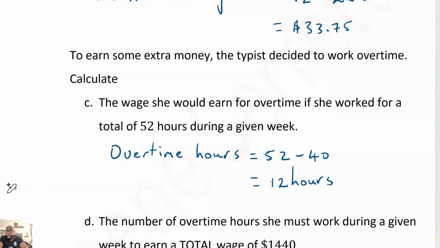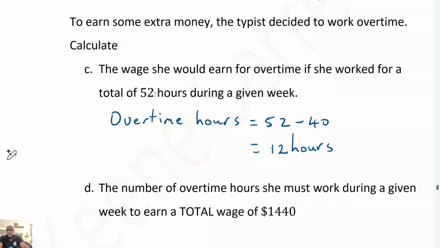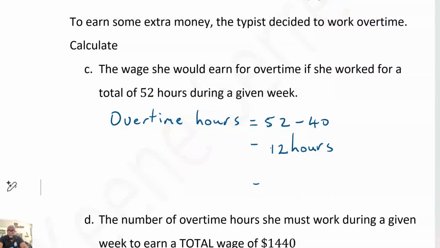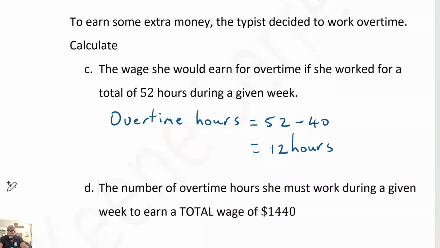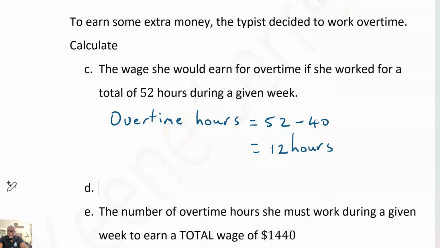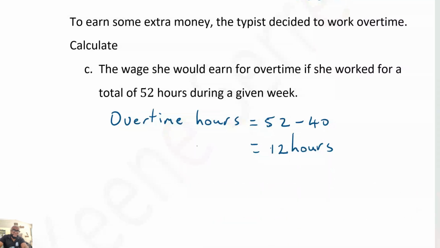That is her hours. What do they ask us for? What wage would she earn? So 12 hours at how much per hour? How much is the overtime rate? The overtime hourly rate. So her overtime wage would be equal to what is the typist working for per hour in overtime? How much per hour? What's the overtime hourly rate?